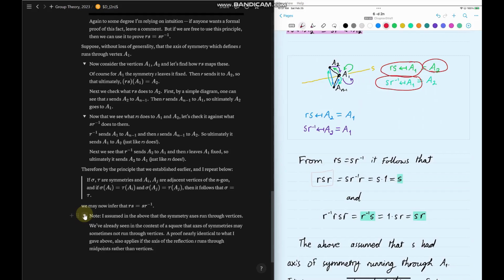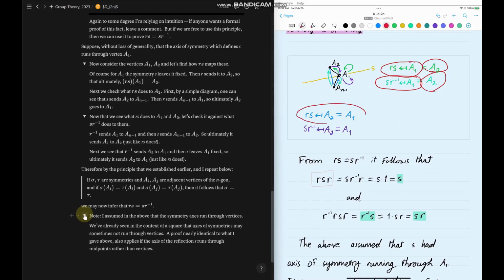Another thing about R inverse is that you can either see it as R to the n minus 1, or it's the same thing as just doing a clockwise rotation by the smallest angle. And so that would send A1 down to A(n-1). Then passing that into S would send it back up to A2. And so at the end of the day, we see that SR inverse does the same thing. It sends A1 to A2.